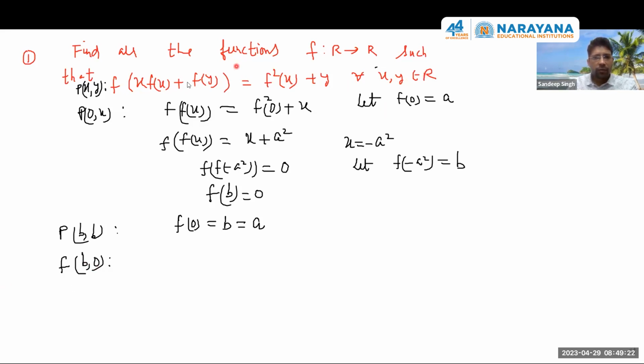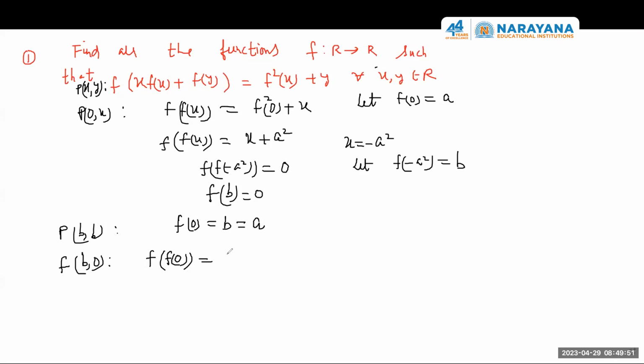So if I substitute P of b comma 0 in this equation, this is going to be f of 0 and this is equal to, tell me, 0. Yes, f square b, that is 0. So what was f of 0? We had defined it earlier.